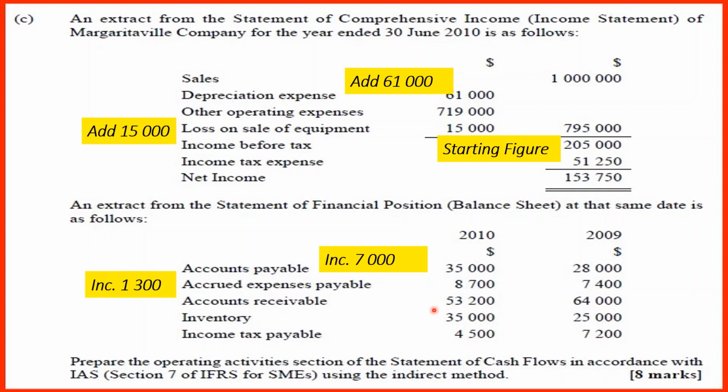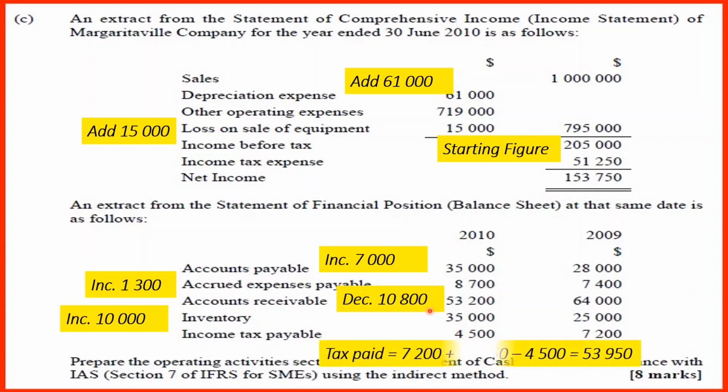The accrued expenses increase from 7,400 to 8,700. Accounts receivable from 64,000 went down to 53,200. That's a difference of 10,800. And the inventory is 25,000 increased to 35,000.